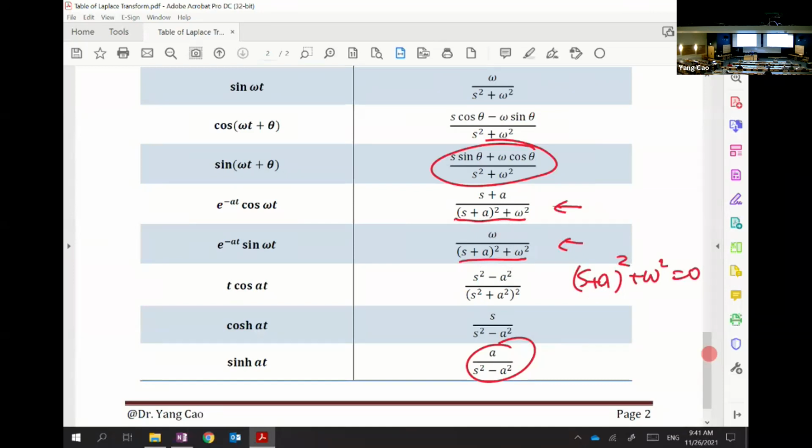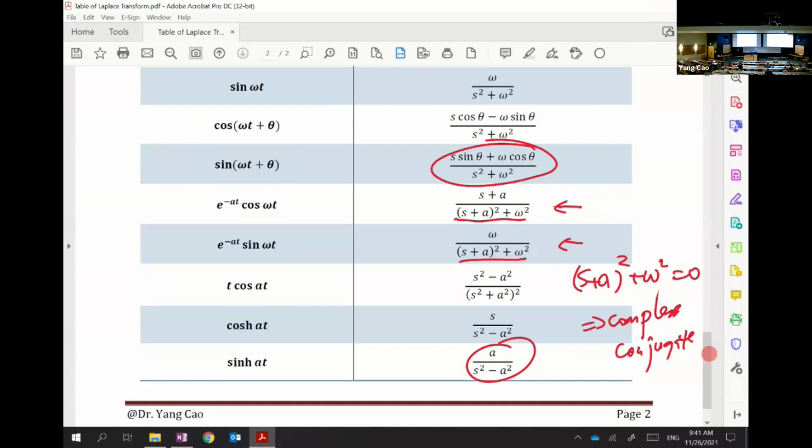It's complex, right? That's actually what we're having now, because our denominator s squared plus 8s plus 25 gives you complex conjugate roots, and (s plus a) squared plus omega squared also gives you complex conjugates.